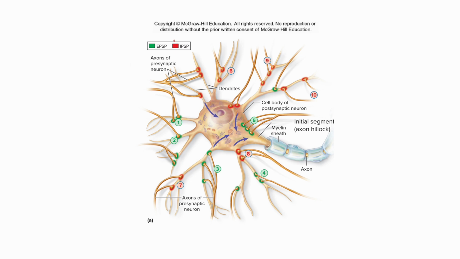If it is red, that indicates that our postsynaptic neuron is receiving an inhibitory postsynaptic potential from that presynaptic neuron. If that axon terminal of the presynaptic neuron is green, that indicates that we are generating an excitatory postsynaptic potential within our postsynaptic neuron. So I want to point out a few things here.